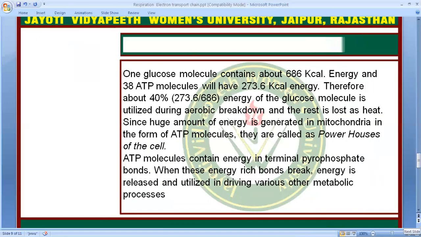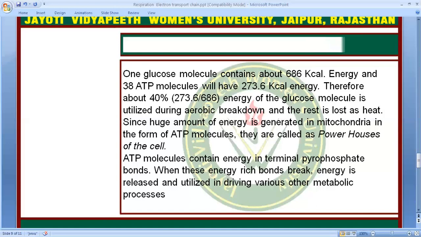Now 1 molecule of glucose contains 686 kilocalorie of energy, and how much energy will 38 ATP molecules have? 38 ATP molecules will have 273.6 kilocalorie energy. So 40% of the energy of the glucose is utilized during aerobic breakdown, and the rest is lost as heat.